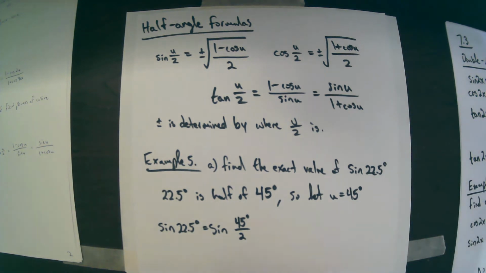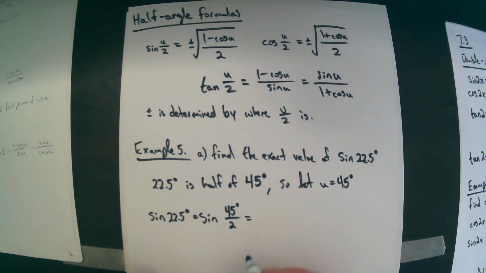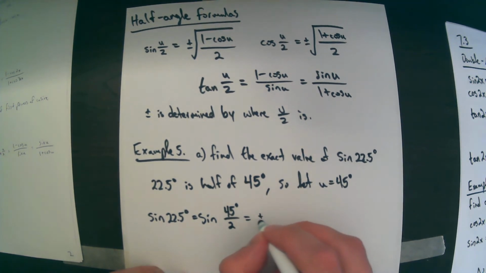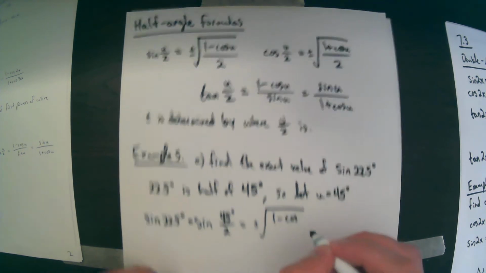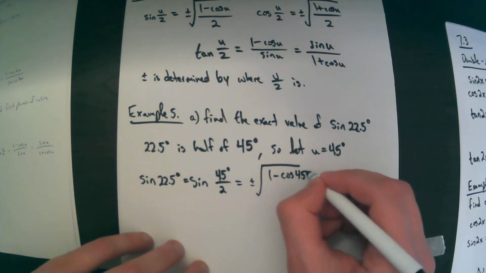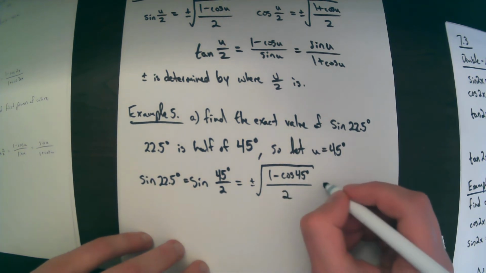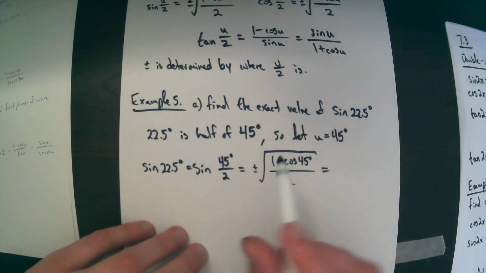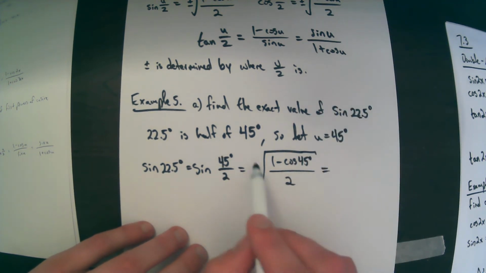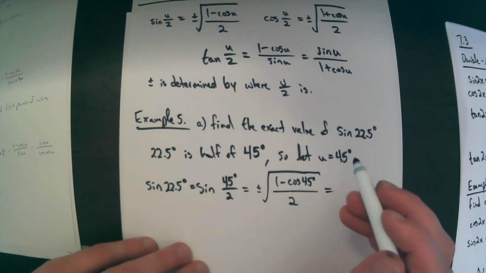Okay. Sine of 45. Now I can say plus or minus square root of 1 minus cosine 45 degrees all over 2. Now, where is 45 degrees? No. Let's see. I'm trying to figure out the sine, so I need to ask the question, where is 22.5 degrees?